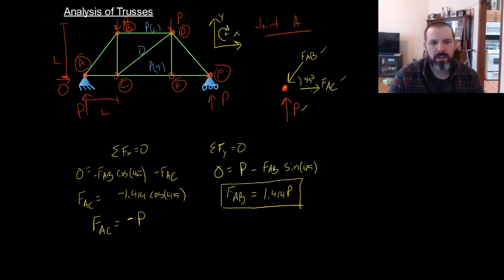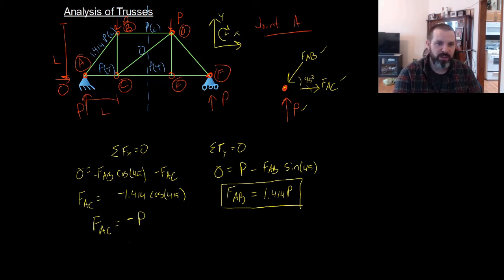So if we go back to the truss here, we know we have P in tension, and we have 1.414 P in compression. Now, I talked earlier about the wonderful property of symmetry acting through the middle here. What's great about symmetry is that if we have a symmetric structure, we know all the forces in the truss from one side are mirrored on the other.